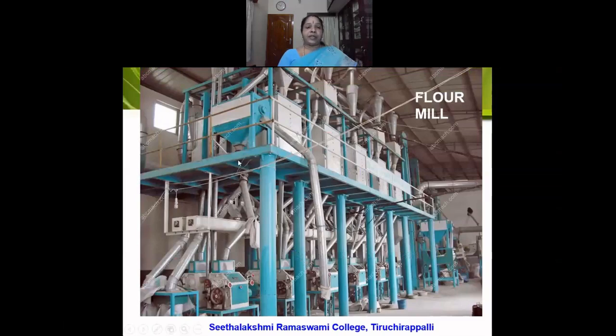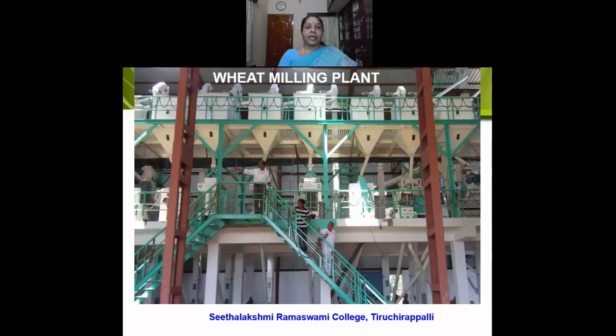As we saw the various equipment, the equipment is not present separately. They are integrated, right? One after the other, the machines are integrated. And this is the layout of the flour mill. And here you can see the wheat milling plant.